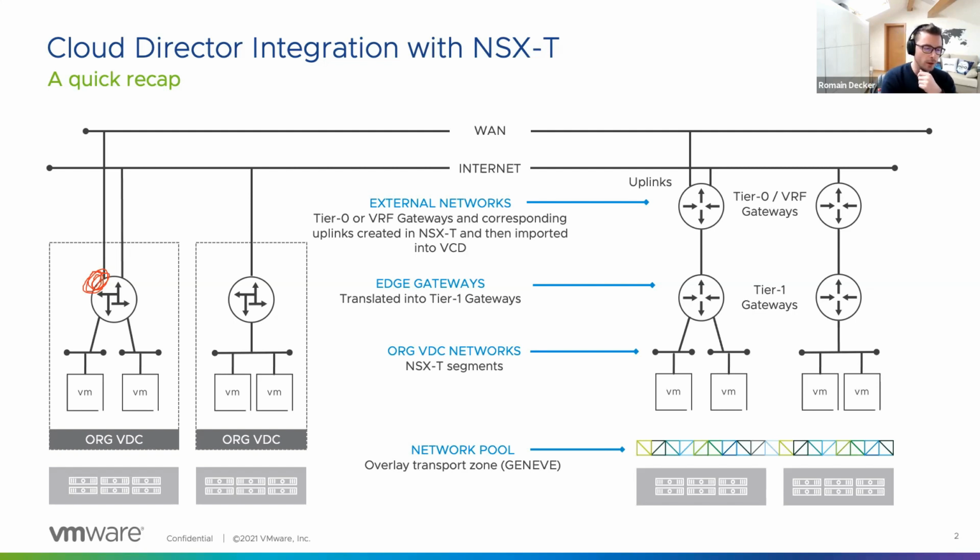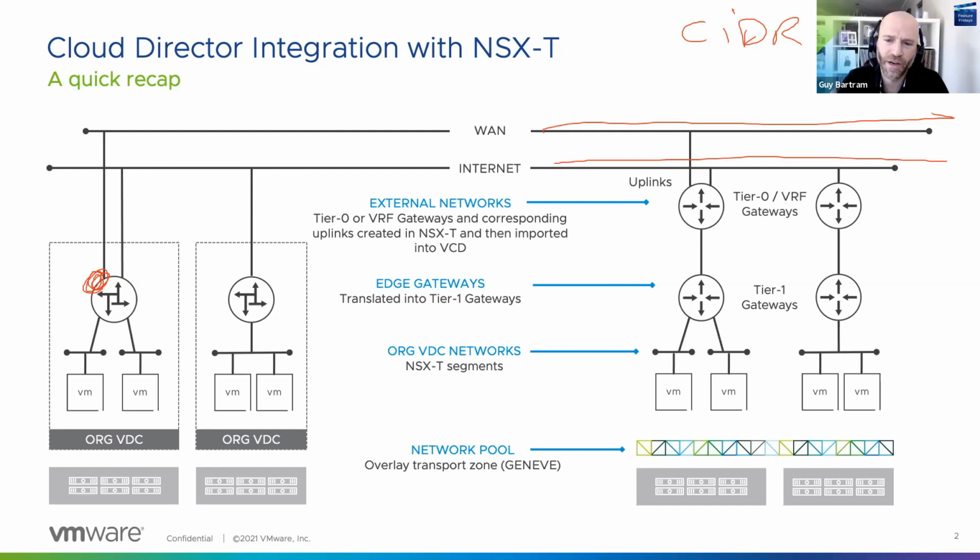In NSX-T, although I have connected it to the same WAN and internet, those networks have to be routed up to the T0 and VRF gateways. That's the big difference. So those are networks that we route up to the T0 and the VRF gateways. And the allocated CIDRs in the external networks are not IPs living on the physical uplink of the T0 and the gateways.